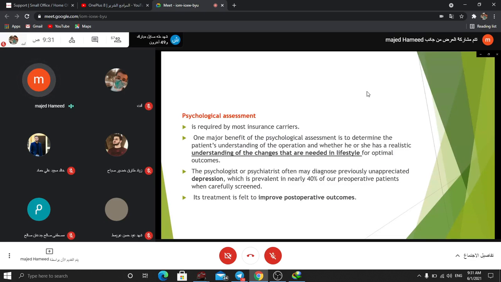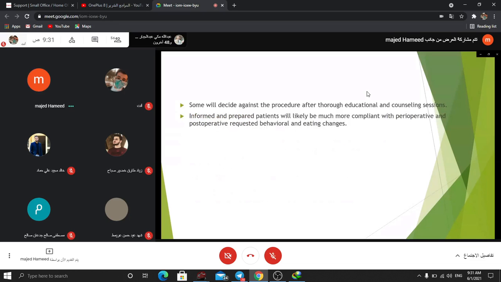The psychologist or psychiatrist often may diagnose previously unappreciated depression, which is prevalent in nearly 40% of our preoperative patients when carefully screened. Its treatment is felt to improve post-operative outcome.